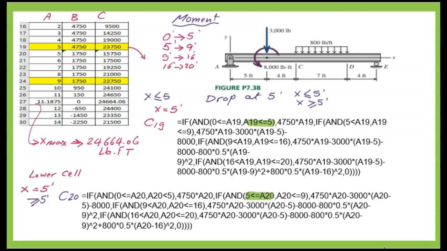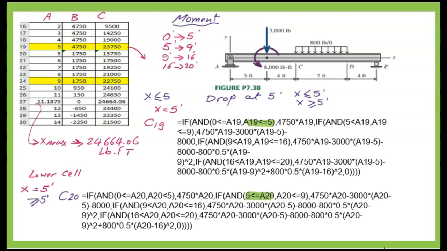So for the upper point 5, we use the expression of less than or equal to 5 to get the value at 5. While for C20, C20 represents the moment at x bigger than or equal to 5. We remove the equal sign from the less than 5, and we put it here, but it will be A20.